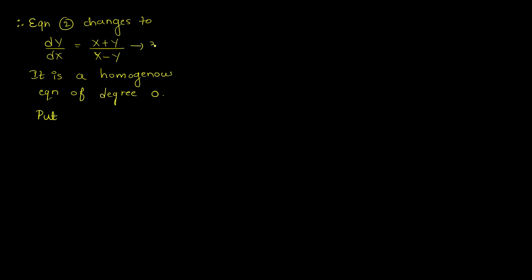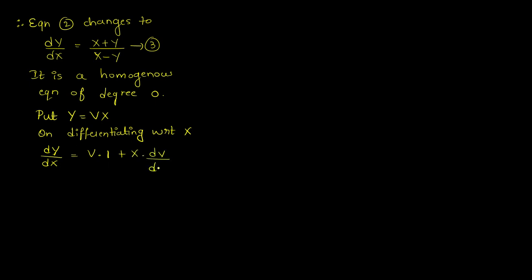So whenever you get a homogeneous equation, then the step is we put, let's consider this as equation 3 because we need to make substitution in this. Put capital Y equal to V capital X. So if we differentiate this with respect to capital X, we get dy/dx equals v as it is times dx/dx which changes to 1, plus x as it is, and v changes to dv/dx.